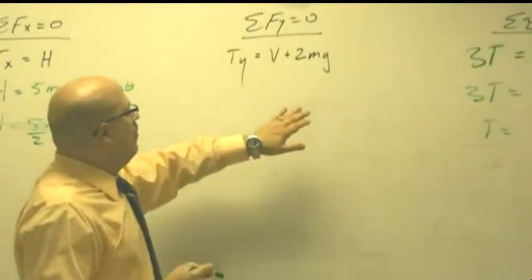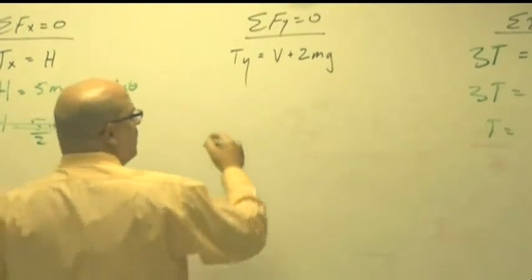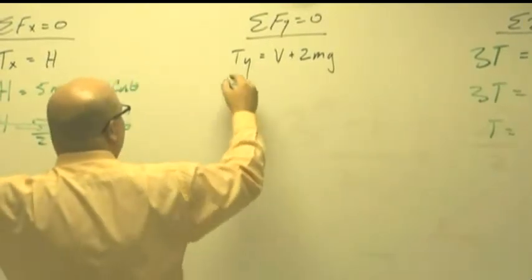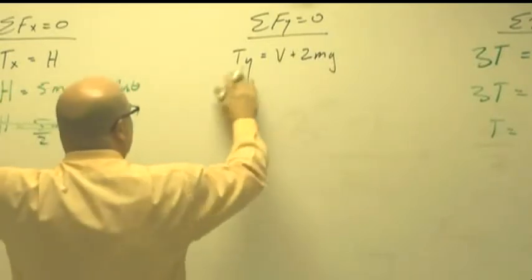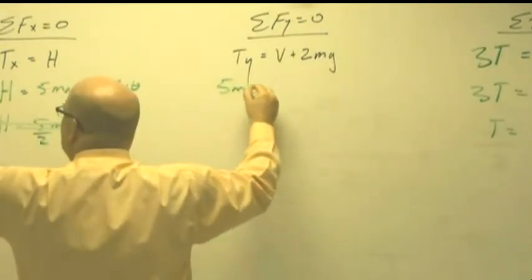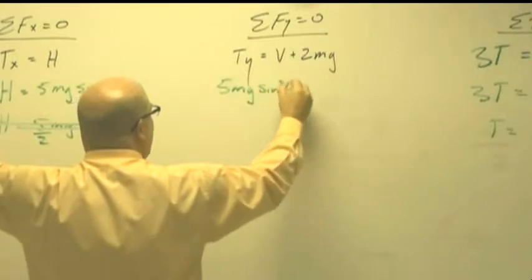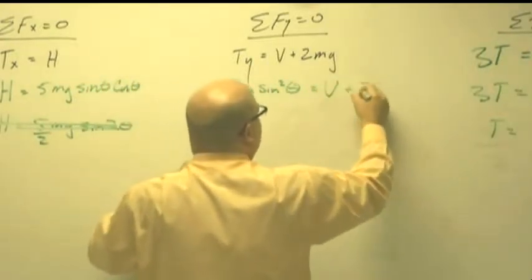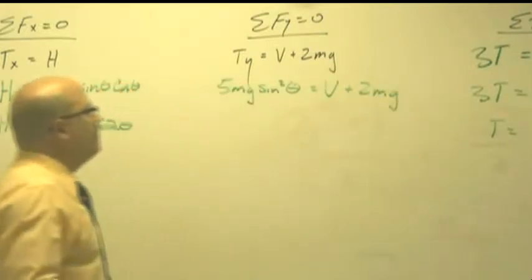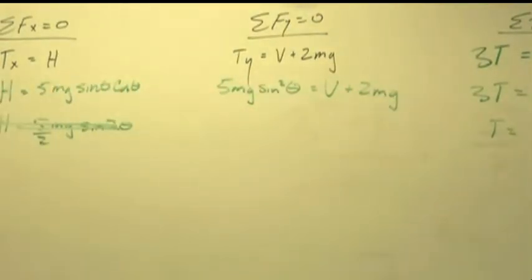Now, let's go over here. Ty is actually 5 mg sine squared theta equals v plus 2 mg.